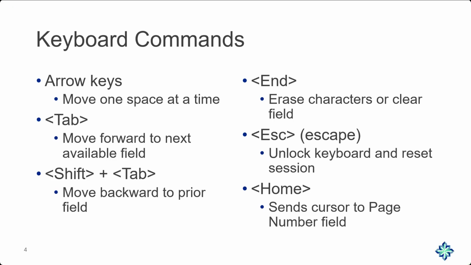And this is the recommended movement to go to the next required field based on the type of bill of the claim that you're entering or correcting. Some keyboards have been equipped with a back tab key. If yours is not, press and hold the Shift key while you press the tab key to move backwards between fields.